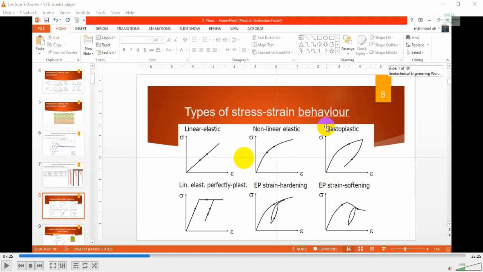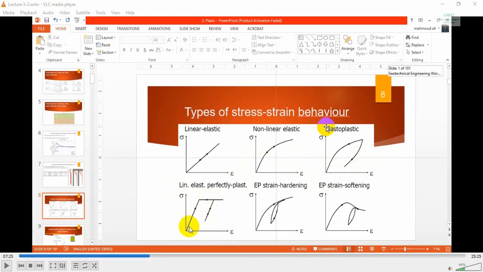For the elastoplastic model, the stress-strain relationship is also nonlinear. Plus, when you remove the load, the strains decrease, but never go back to zero due to the presence of some plastic deformations, as we can see here. And the most famous one is the elastic perfectly plastic model.